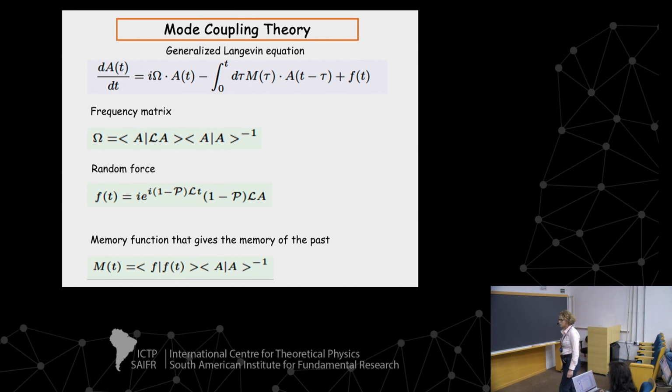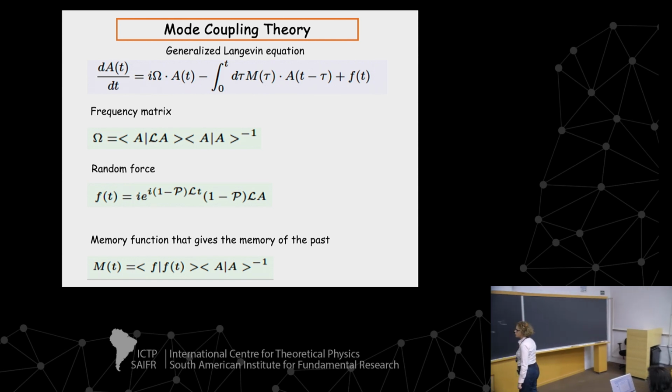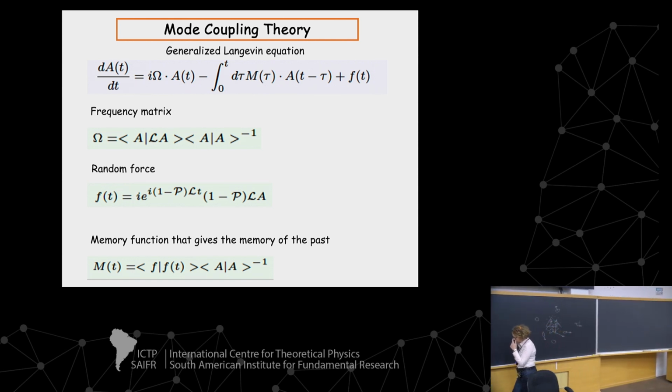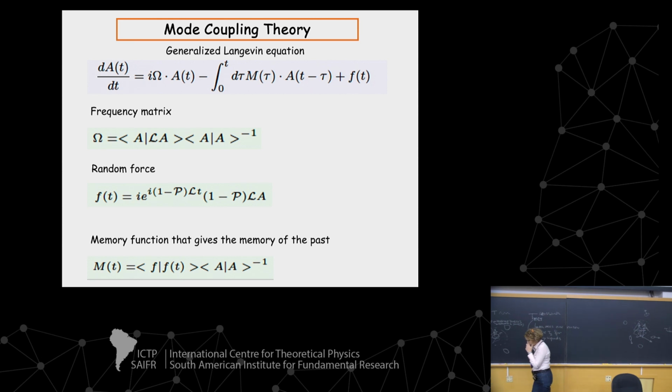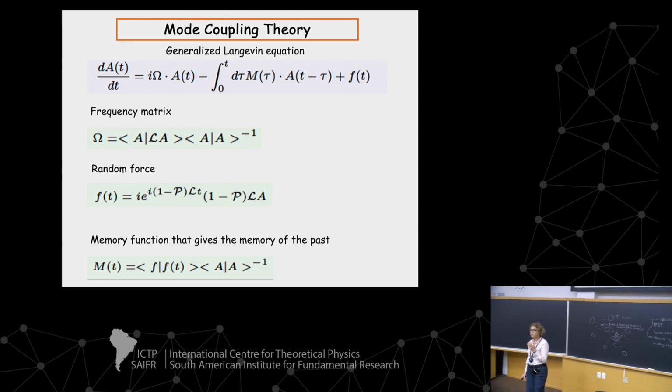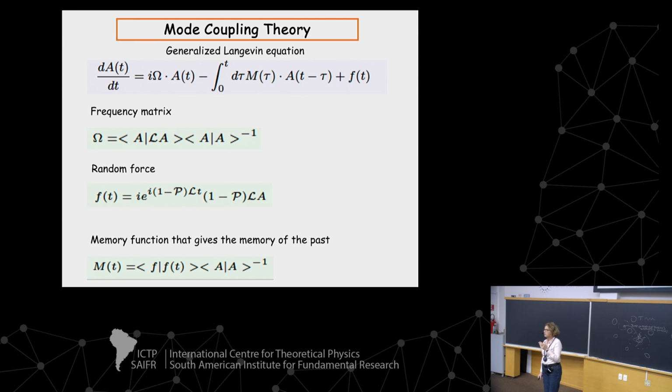The memory function is what gives us the memory of the past. So you remember that I said that when you move in a liquid and you do a Brownian motion, you have no memory of the past. For you the friction is not the only thing you have to introduce. Every time you have a collision, you forget your past.